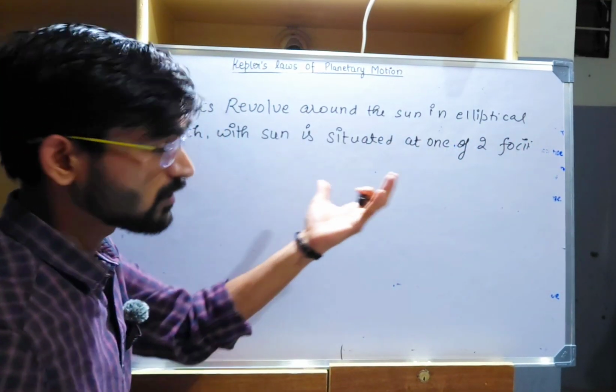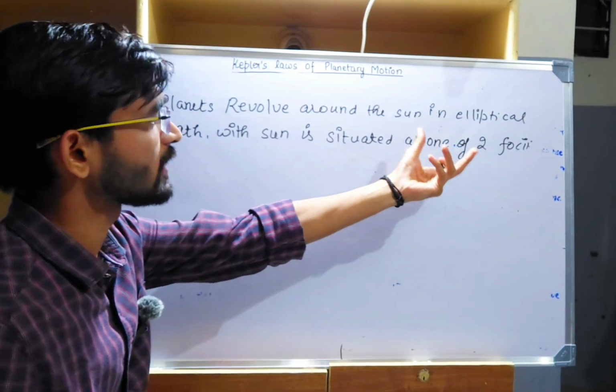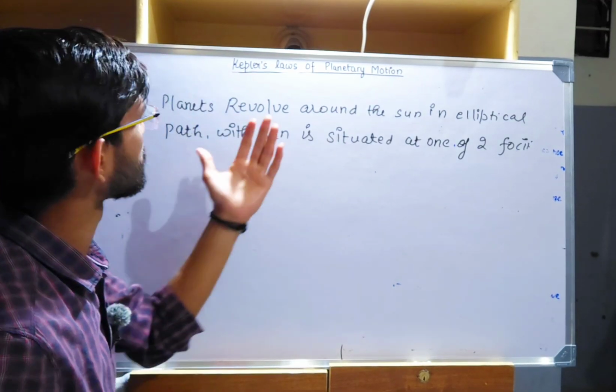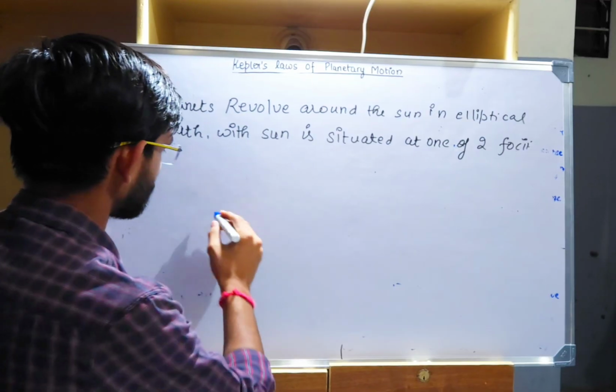As we discussed earlier, an ellipse has two focus points, combinedly called foci. So, according to Kepler's first law, planets revolve around the sun in an elliptical path with the sun situated at one of the two foci.